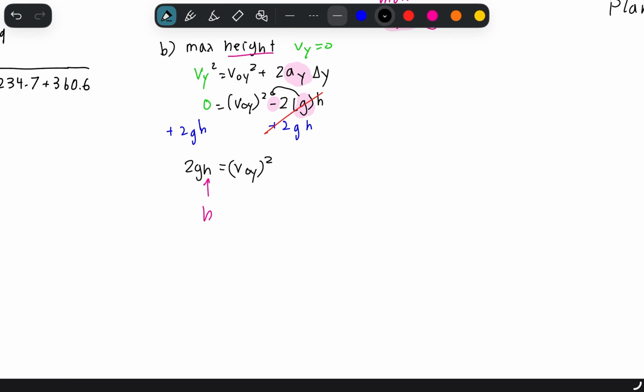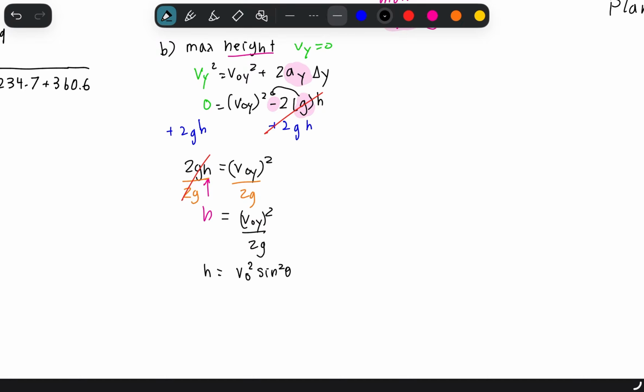So dividing both sides by 2g, h is equal to V initial y squared divided by 2 times the gravitational constant.